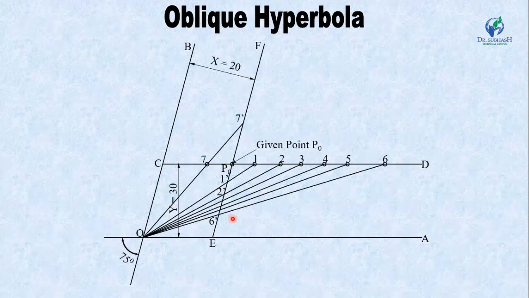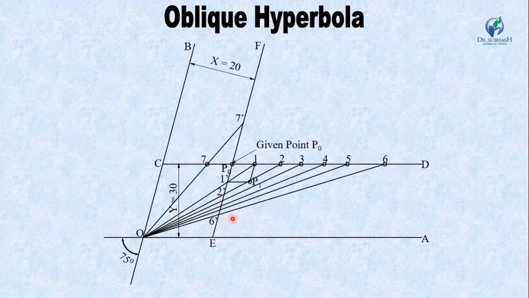Now from points 1 dash, 2 dash, 3 dash up to 7 dash, draw horizontal lines, and from points 1, 2, 3, 4, 5, 6 and 7, draw lines which are parallel to OB. Where the horizontal line and the line parallel to OB meet, you will get the point P1.